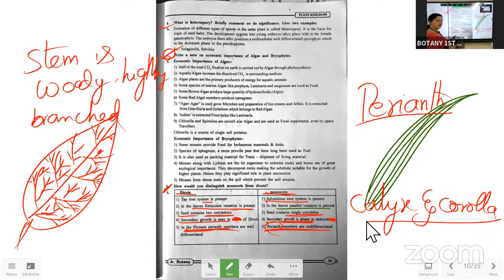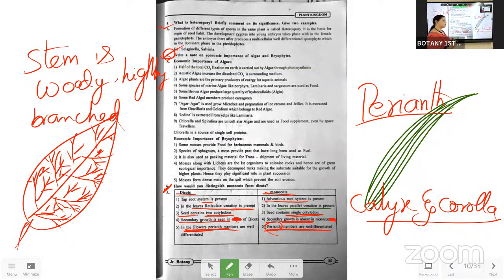Nothing extra. If you write like this, then you will get full marks, that is 4 out of 4. Because I said already in the starting that you have to write 7 points. In these 7 points, I have combined 2 points in the stem only. What I said, the stem is highly branched and woody.